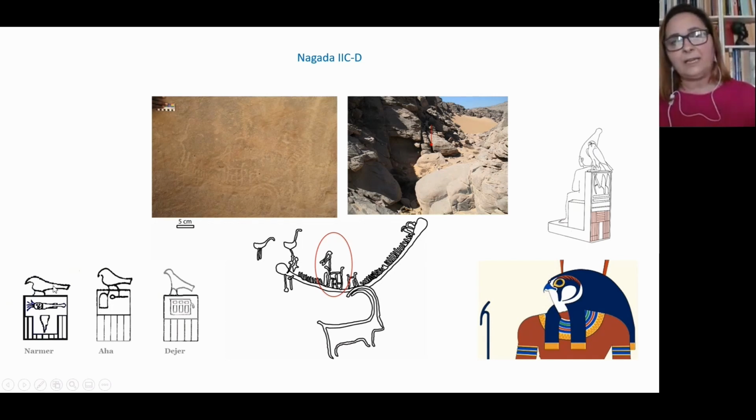The names of the king always had a falcon on top of them. So the presence of a falcon on top of a boat in a symbolic context like this tells you how much this kind of rock art was connected with the elite, and in this case probably with royalty, so with the royal power.